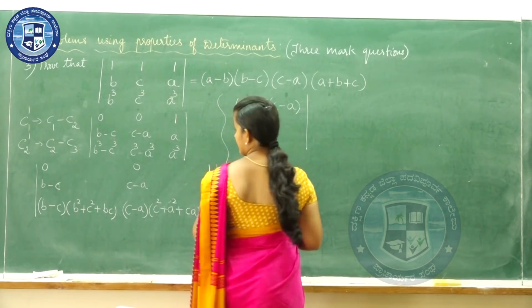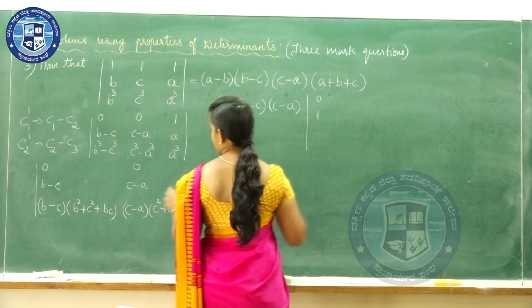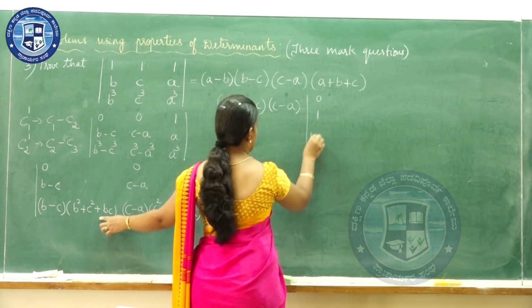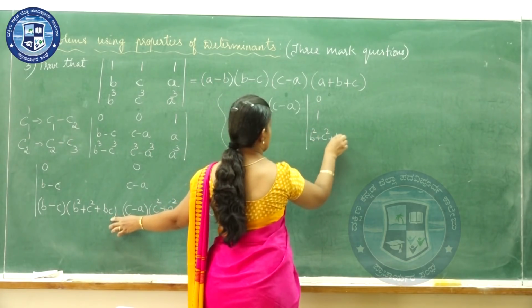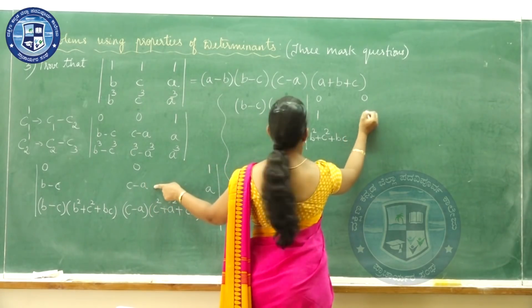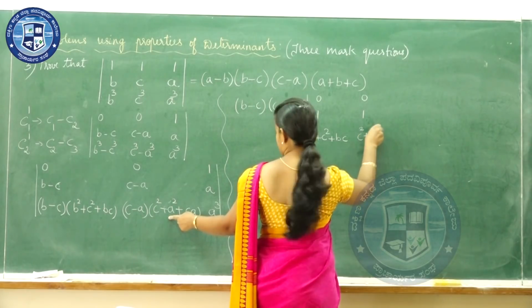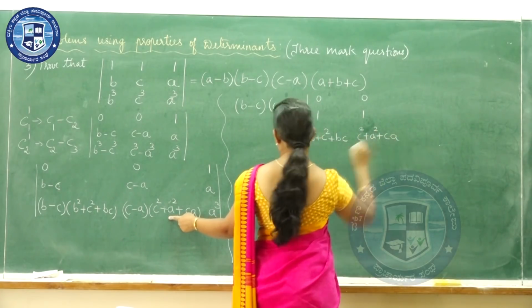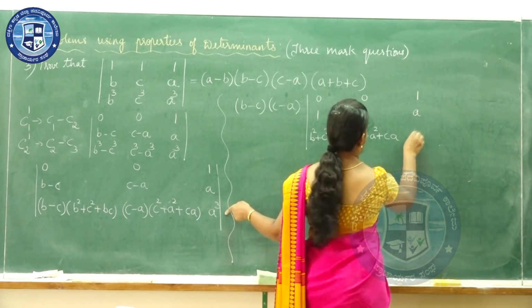Whatever is remaining, write as it is. You have 0, B minus C, when you take out 1 will remain. Then you have B square plus C square plus BC, then 0, 1, C square plus A square plus CA, then you have 1, A cube.